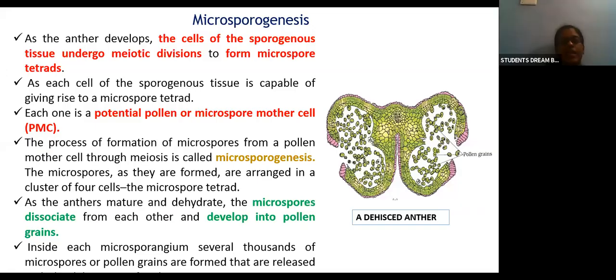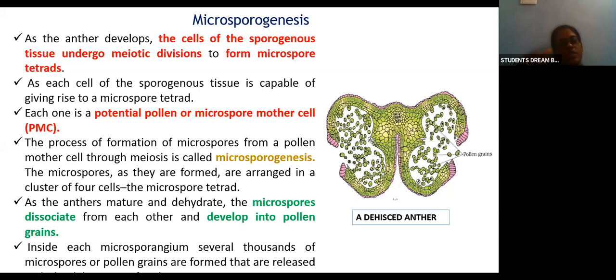I'll start again, okay? Microsporogenesis means the generation of microspores. As the anther develops, the cells of the sporogenous tissues will undergo meiotic division. This will form a microspore tetrad. Each cell in the sporogenous tissue will be capable of producing a microspore tetrad. Clear?